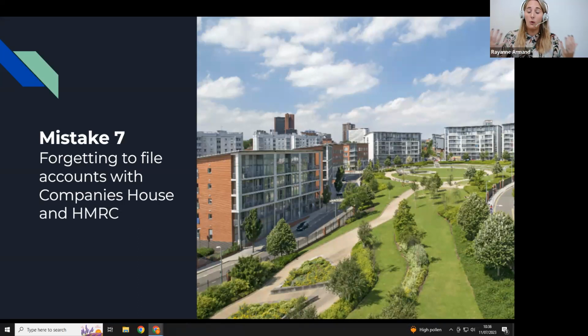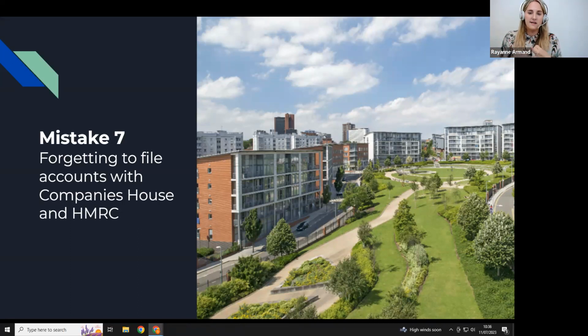So therefore, what does that mean? In most cases, you are not going to have to do anything with HMRC. The company will be seen as dormant for HMRC's purposes, and you have two options really. You can either file a dormant corporation tax return, or if HMRC has never been notified that the company is active, they won't expect anything.